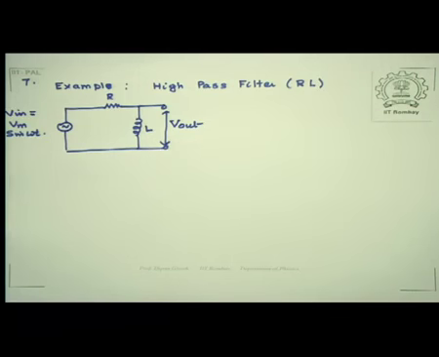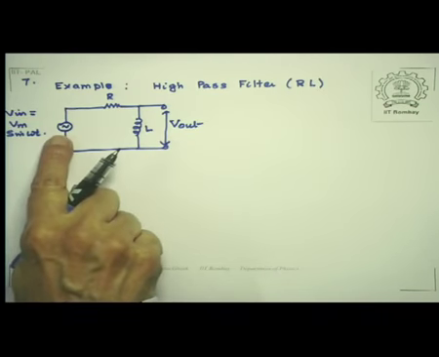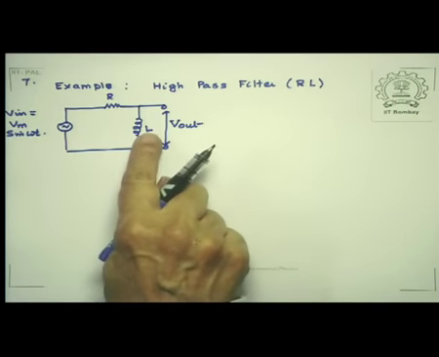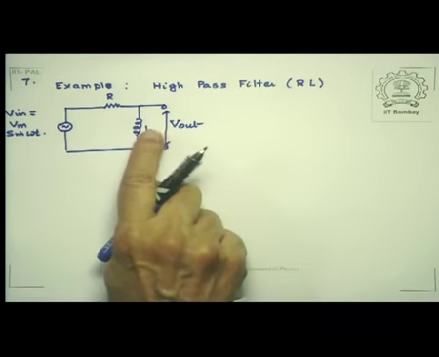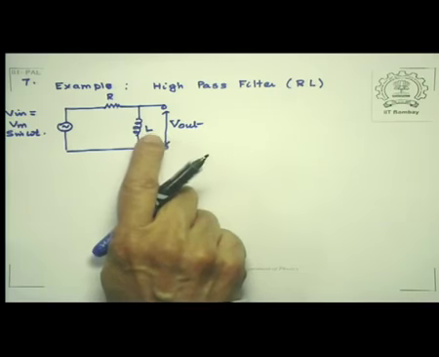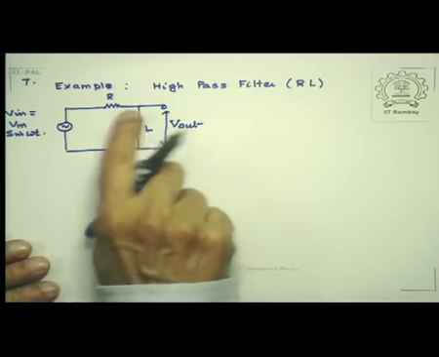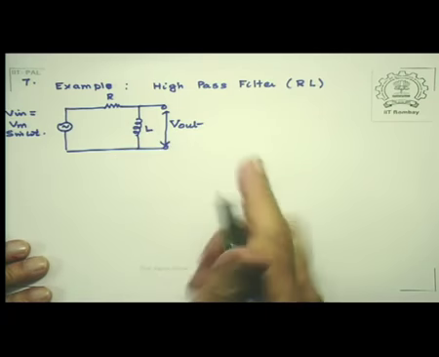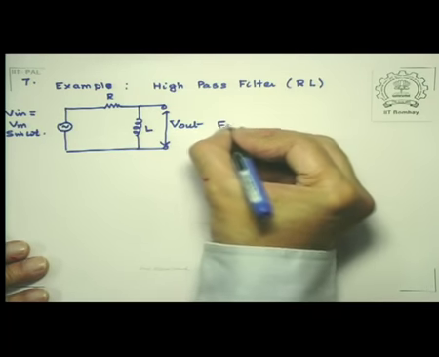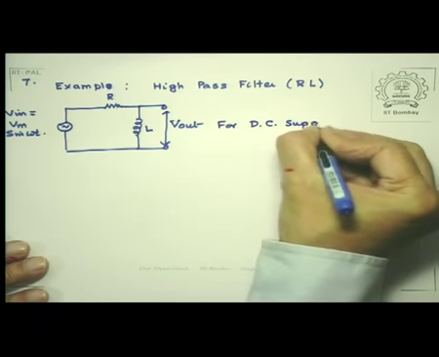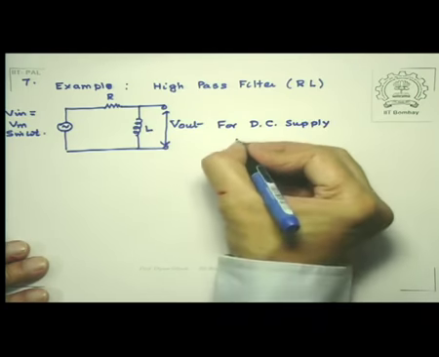Now notice one thing, if this supply were a DC, then we have seen that for DC supplies, the inductance simply conducts. Now in which case, the current will pass through the L like a short and my V output will be 0. So for DC supply, L conducts and V output is equal to 0.